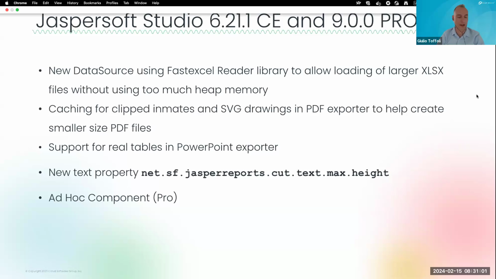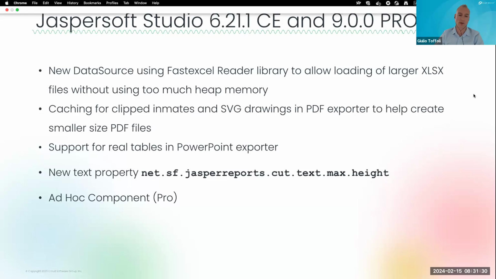Just to give you a sense of that, a 30 megabyte Excel file was producing a usage of heap memory around 5 gigabytes, something giant. With this new library, the consumption of memory is extremely lower, and this actually makes everything faster.